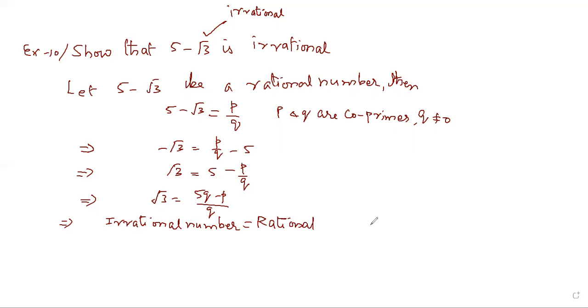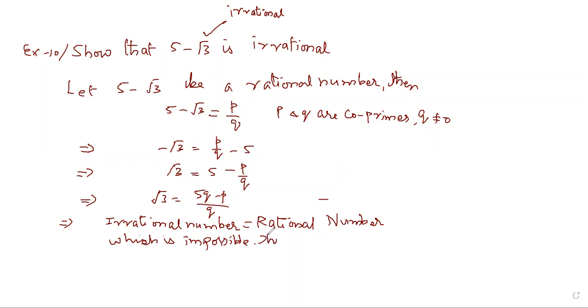A rational cannot be equal to an irrational number, which is impossible, and which is a contradiction.